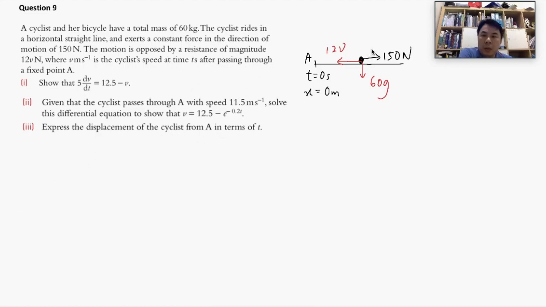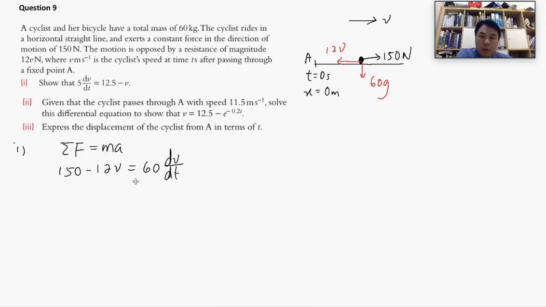Based on this diagram, and based on Newton's second law again, we are interested in the horizontal direction. The resultant force will be 150 minus 12V, and that would produce 60 dV/dt.